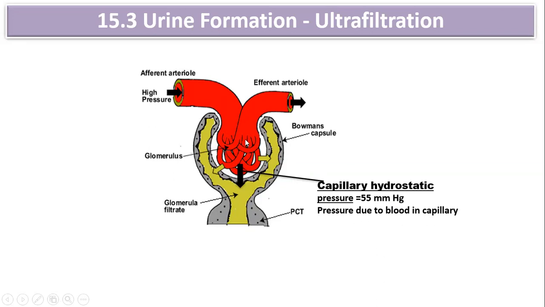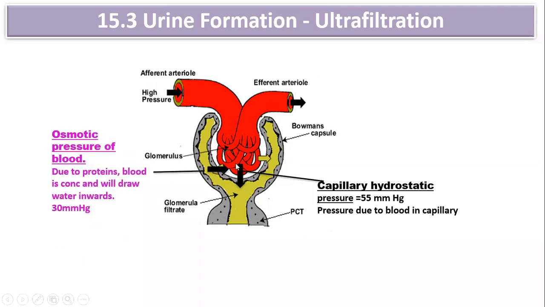Now that pressure is opposed by two pressures, one from inside and another from outside. Inside the blood capillaries there are proteins, and these proteins oppose the capillary hydrostatic pressure. That is known as osmotic pressure, and it is because of the protein.